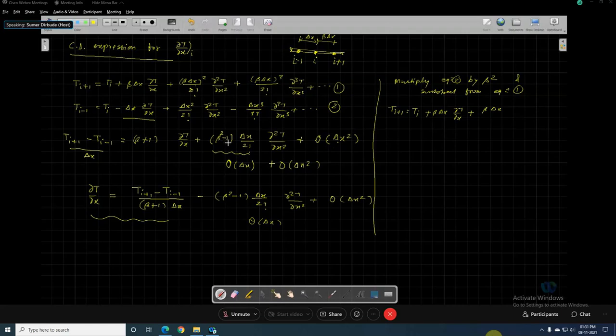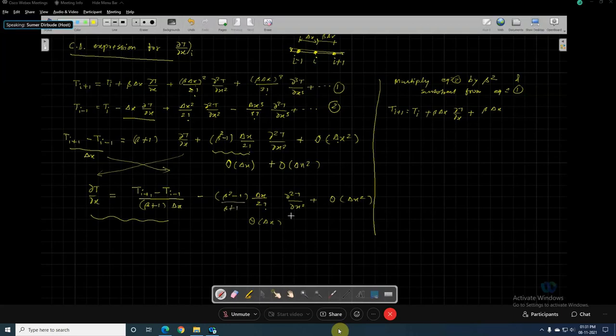Okay, sir. And the fourth step, sir? In the fourth step, I have taken this on the left side, and this on the right side. Okay. So this del t del x, now I have taken beta plus 1 here also. So here you'll have to have a beta plus 1.